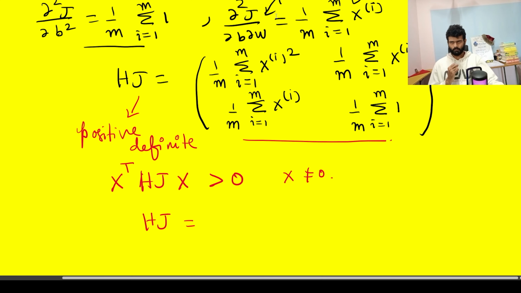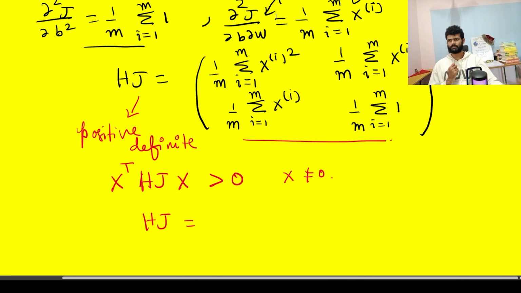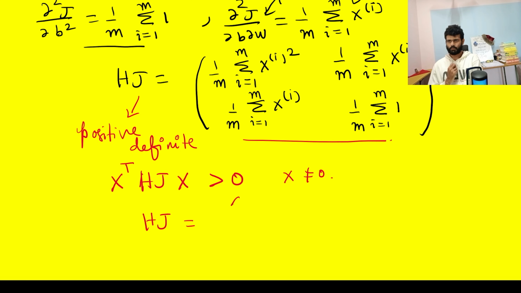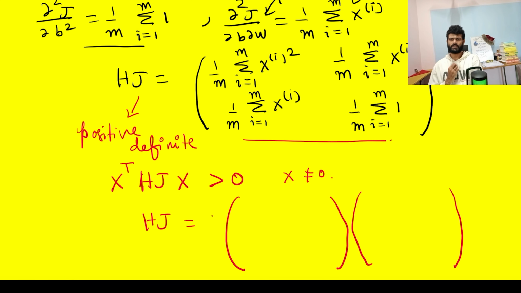So what can I do here? Maybe I'm going to write the matrix as a product of two matrices. I'm going to attempt to do this. So m is 2. Remember, I had fixed m as 2.